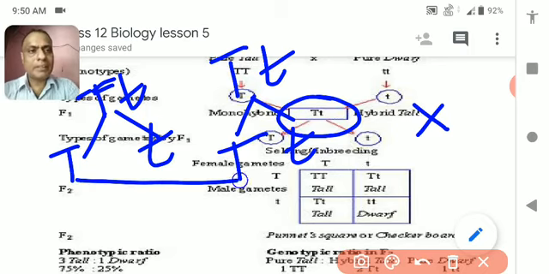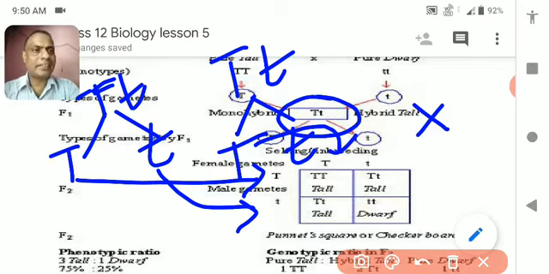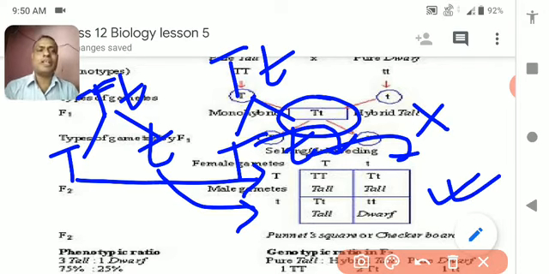So this capital T is here, this small t is here, and similarly this capital T is here and this small t is here. He used a Punnett square to find out what will be the probability of the characters of the offspring, means what will be the probability of genotype and phenotype in F2 generation.